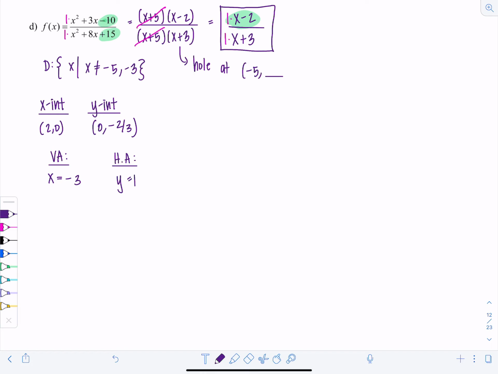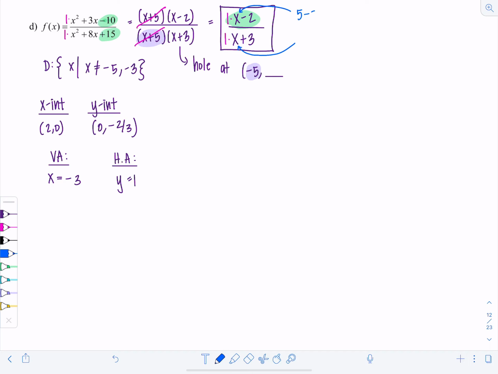And then I promised you I'd tell you how to get the y-coordinate for the hole, right? So the hole has x-coordinate -5. That's because -5 is not in the domain, but it canceled out. So it's a removable discontinuity. You'll learn about that in calculus. To get the y-coordinate, you just plug in -5 for x into the reduced form of the function after canceling.